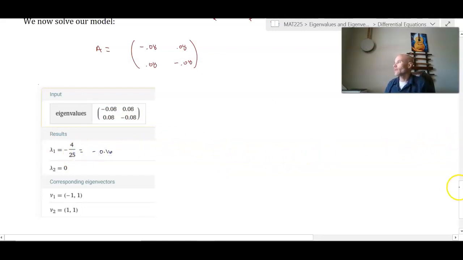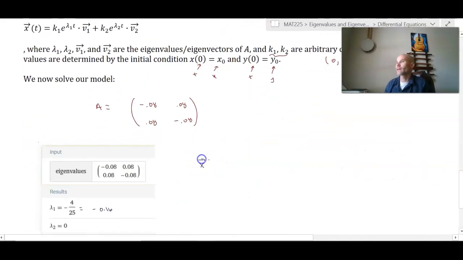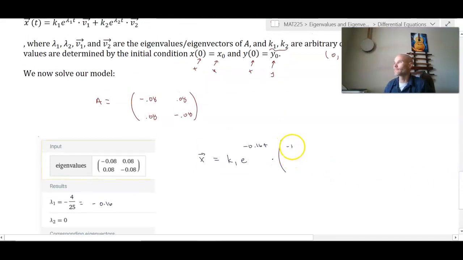And so using the theorem up here, x of t vector equals, I just put the x of t on there to emphasize this is going to be a function of time, k1 e to the lambda 1 times t times v1. And v1 is the vector negative 1, 1, plus k2 e to the lambda 2t, so this is e to the 0t, times the 1, 1 vector.